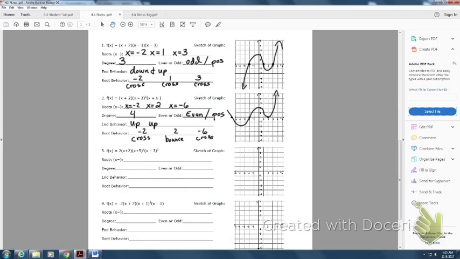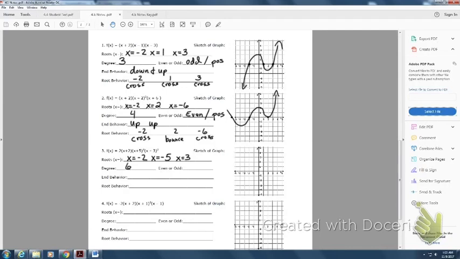Alright, going to number 3. Peyton, tell us what our 3 roots are going to be. Roslyn, what is the degree of this one going to be? 6.